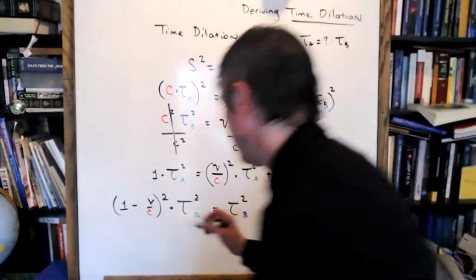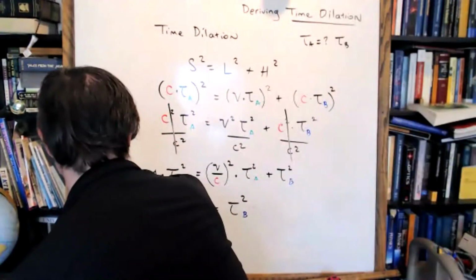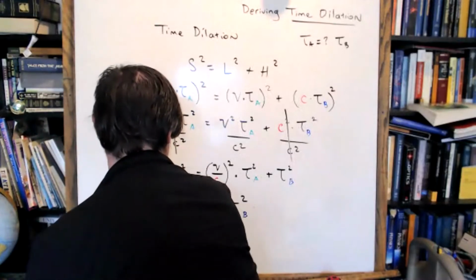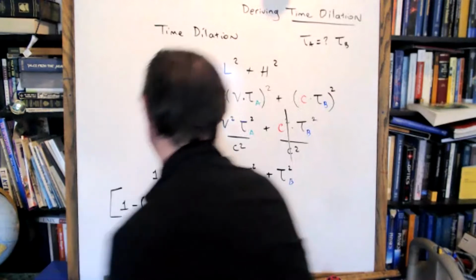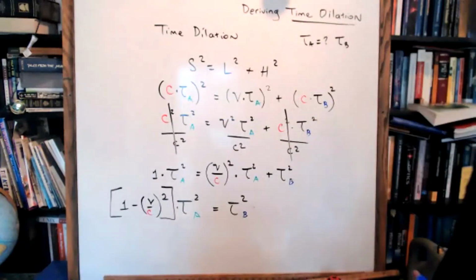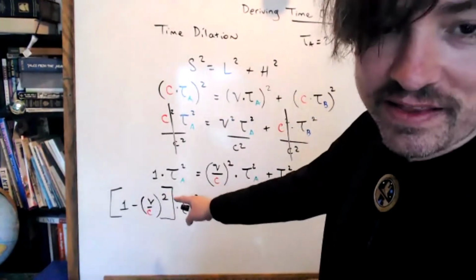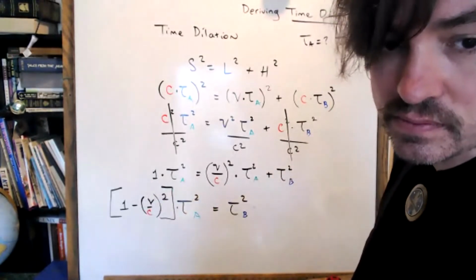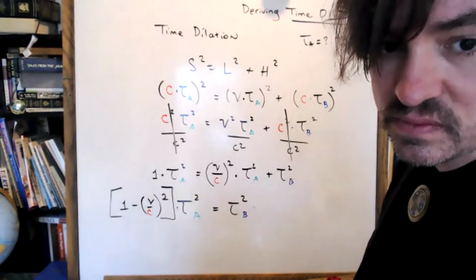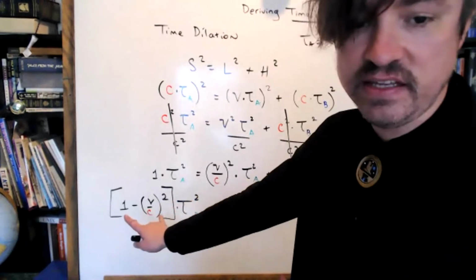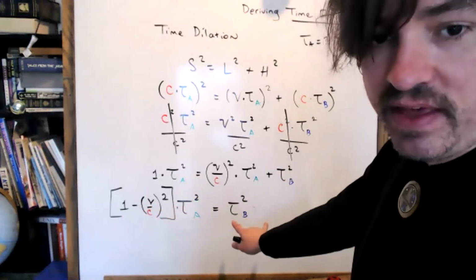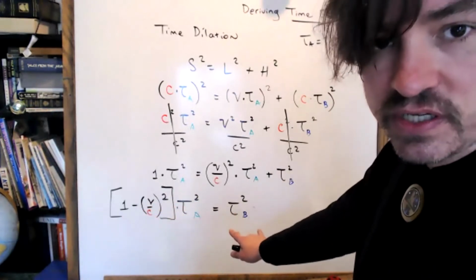Oops. This sucks, but I'm going to have to use hard brackets. Okay? Can you guys modify that? That's how it's supposed to be. I'm going to take this nasty little term, 1 minus v over c squared. I'm going to divide it by the other side, which is customary.